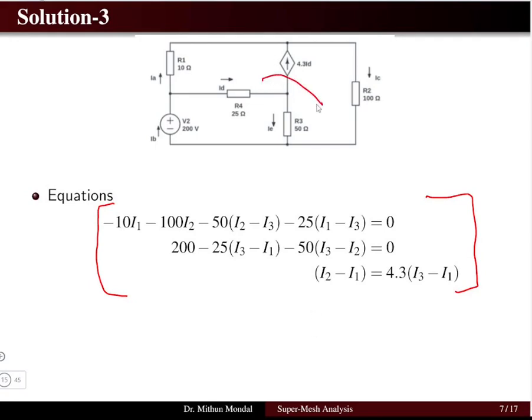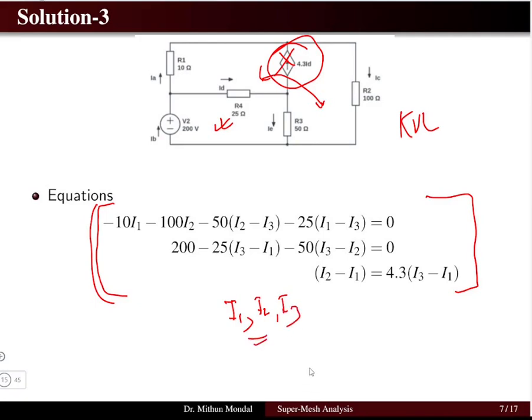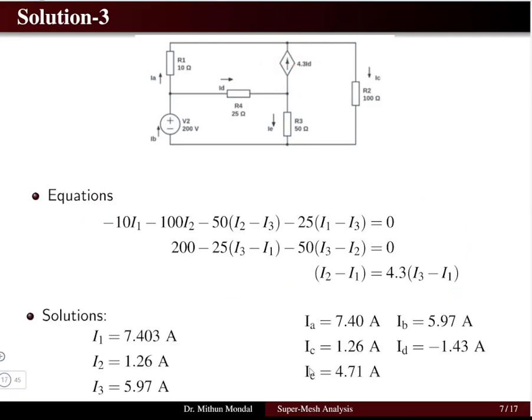These two meshes we can combine to write a super mesh KVL equation, by removing this current source, and then one equation we can write for this independent loop, and one constraint equation we can write for the source that is 4.3 times ID. Then we have 3 equations in 3 variables. Our variables are basically I1, I2 and I3, which are the currents flowing in the meshes. After solving, we will get the solution I1, I2 and I3.